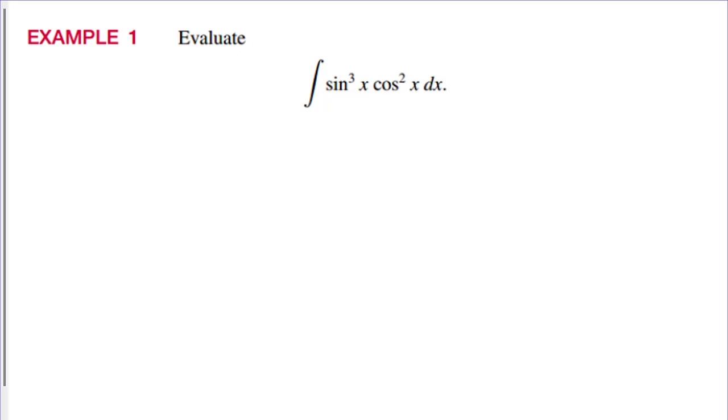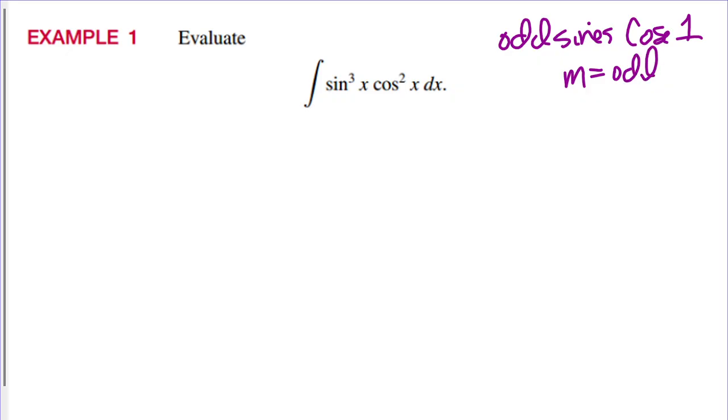Example 1, we want to evaluate the integral of sine x cubed times cosine of x squared. Notice here we have an odd number of sines. Therefore, we are in case 1 because m is odd, so we're going to take out a sine.